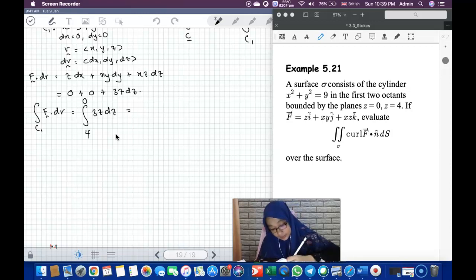So we integrate 3 over 2 z squared, 0. So negative, we got negative 3 over 2, 0 minus 16.